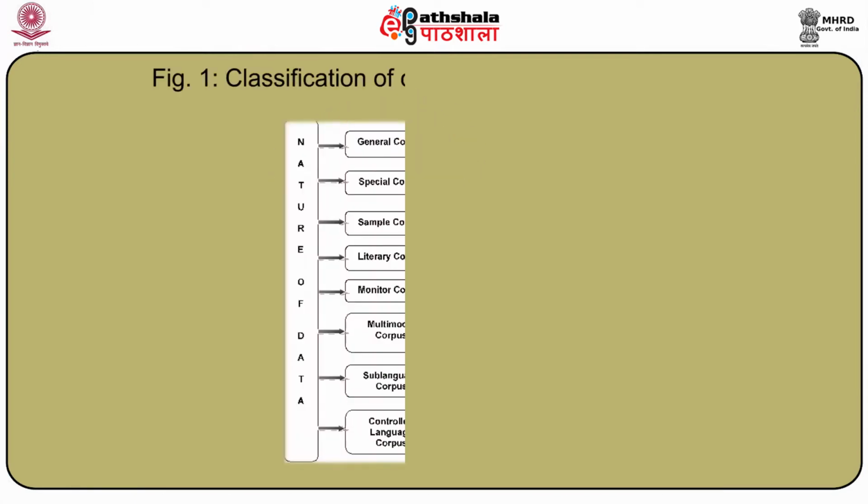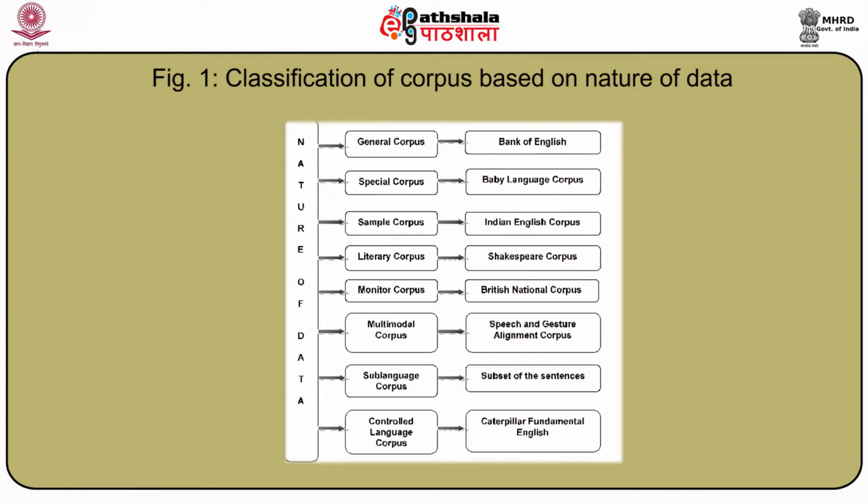Several broad types such as general corpus, special corpus, controlled language corpus, sub-language corpus, sample corpus, literary corpus, monitor corpus, monolingual corpus, and others. Each type of corpus is unique with its properties, features, compositions, and utility. So, we will be discussing one by one with reference to the corpora at present available.